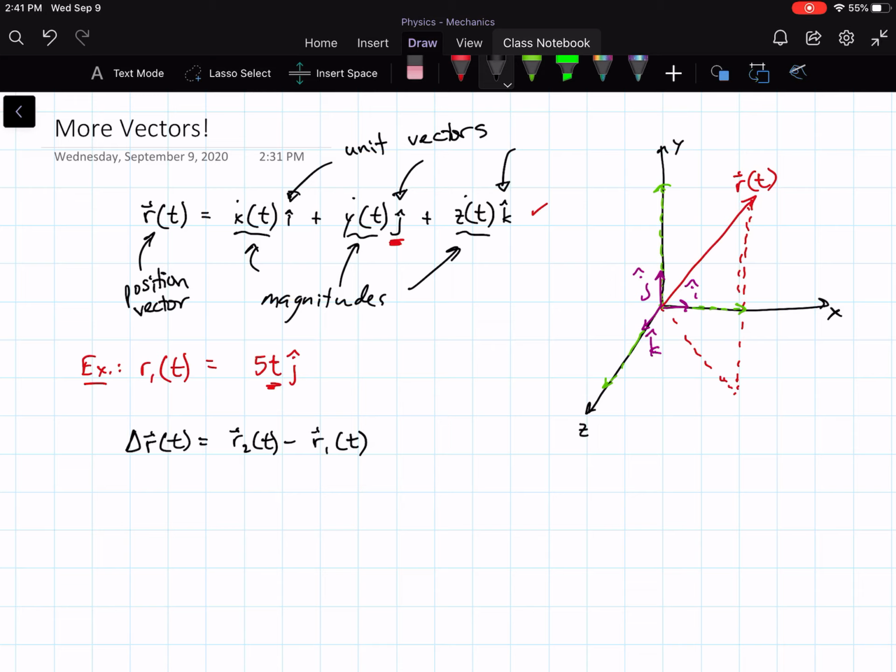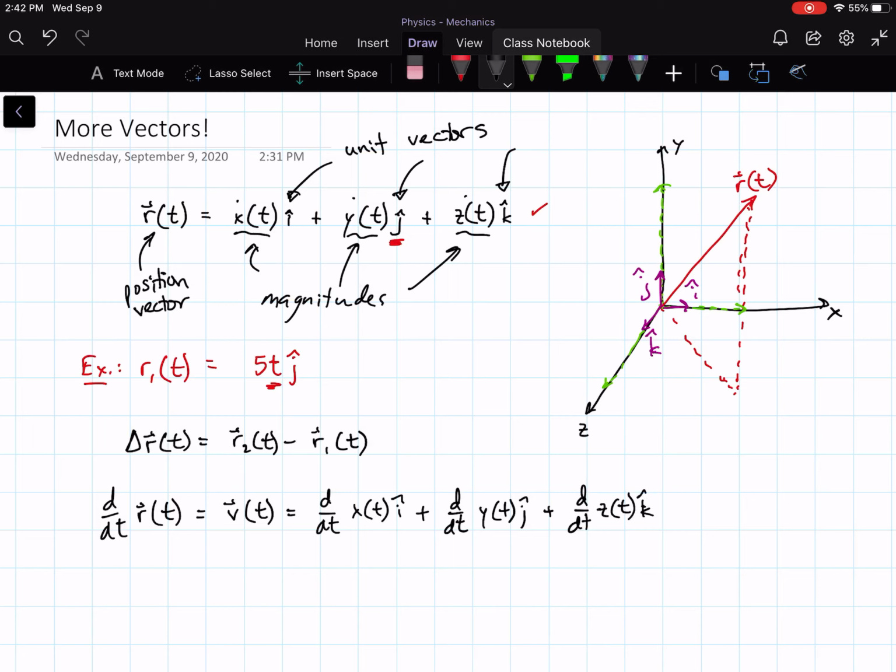And if you wanted to define instantaneous velocity, you take the time derivative of the position vector. That's going to be equal to this. And that in turn is equal to d/dt of x as a function of time, and d/dt of y as a function of time, and also d/dt of the z position as a function of time.